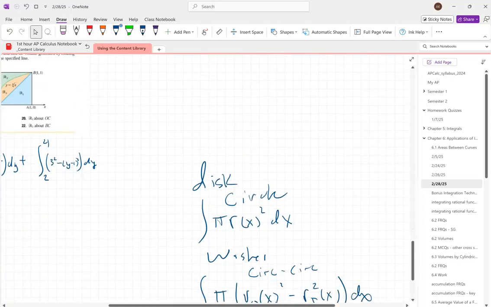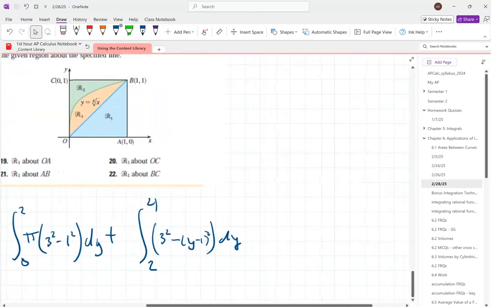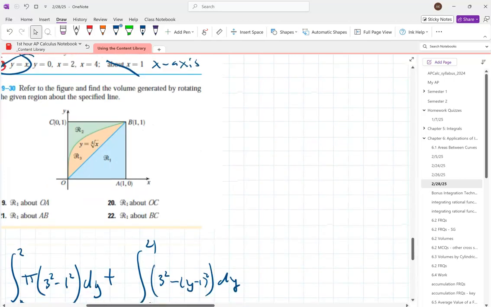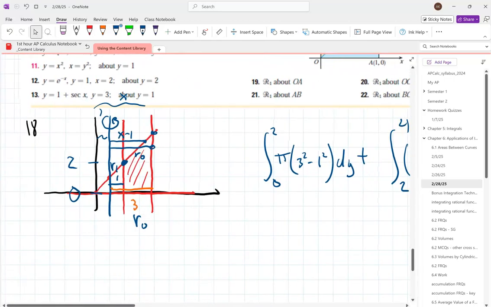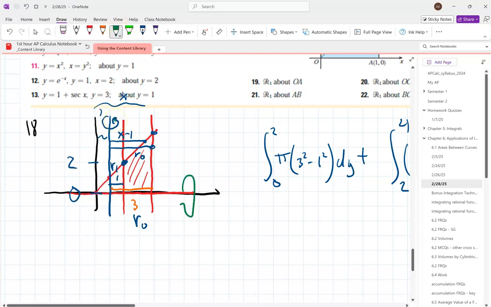Yeah, so if we had this exact same problem, but instead of saying about x equals 0, and we just had about like the x-axis, where it was doing this. Let me pick a different color. Now notice that my shaded region just touches the axis of rotation the entire time.